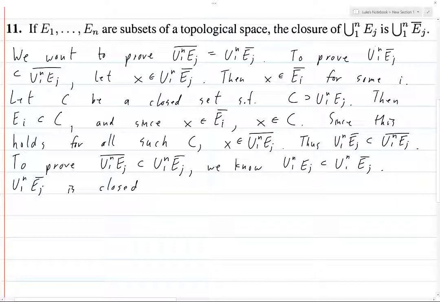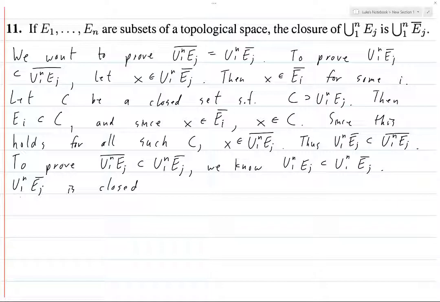So an arbitrary union of closures is always contained in the closure of arbitrary unions. However, this direction, the closure of the union being contained in the union of closures, only holds in the finite case, because you need this union to give you a closed set, and that doesn't necessarily happen if you're allowing for infinite unions.